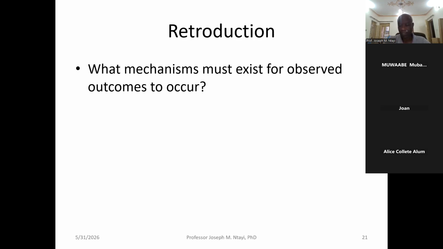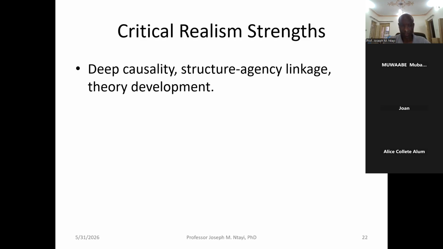So of course, the strength upon which critical realism is built is that you will be able to explain causality, but more deeply. So you go into depth, because you want to understand this phenomenon very well.